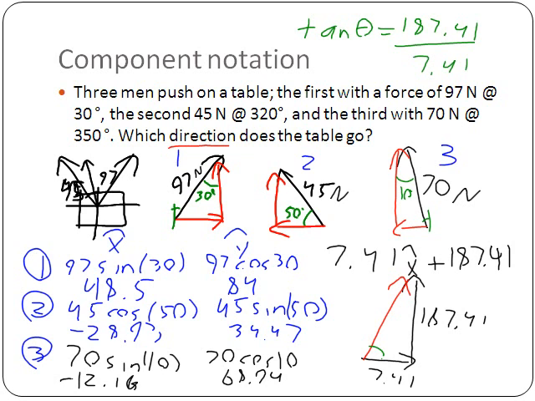And so we'll have to take arctangent of that. So arctangent of 187.41 divided by 7.41, and in doing so, we get 87.73 degrees.